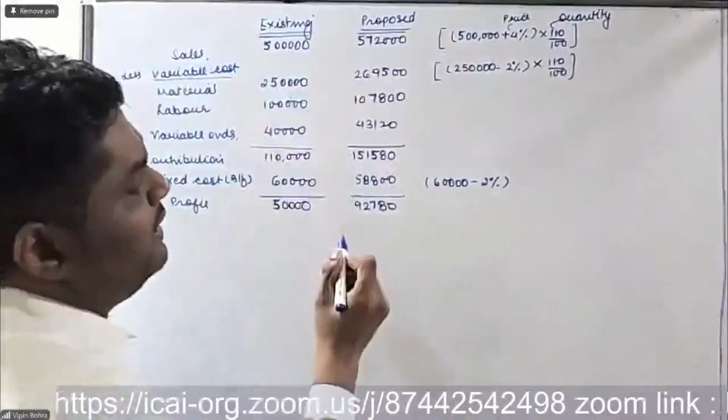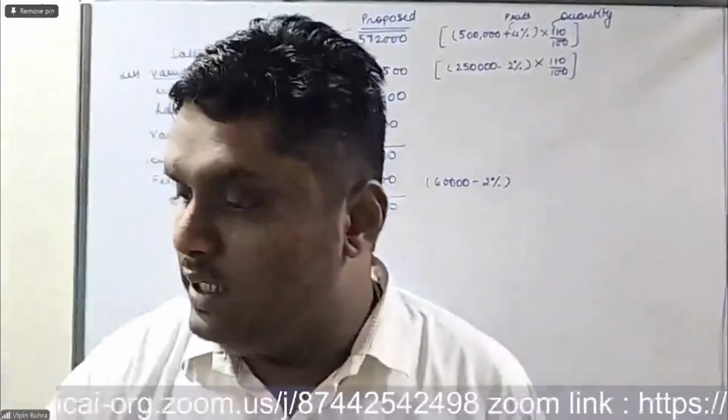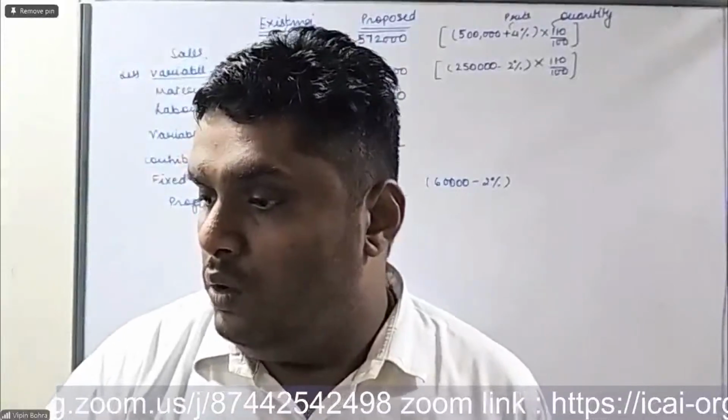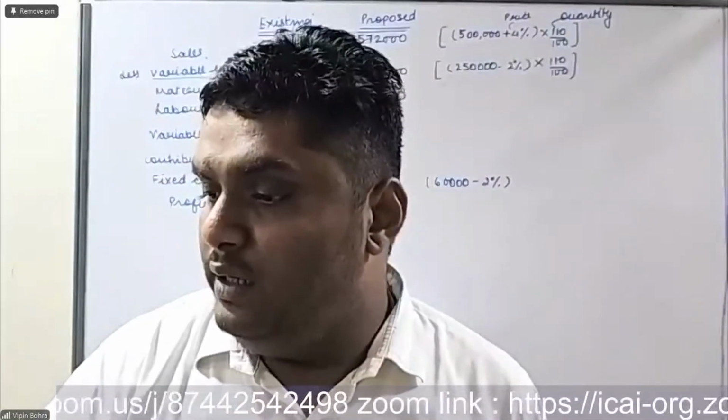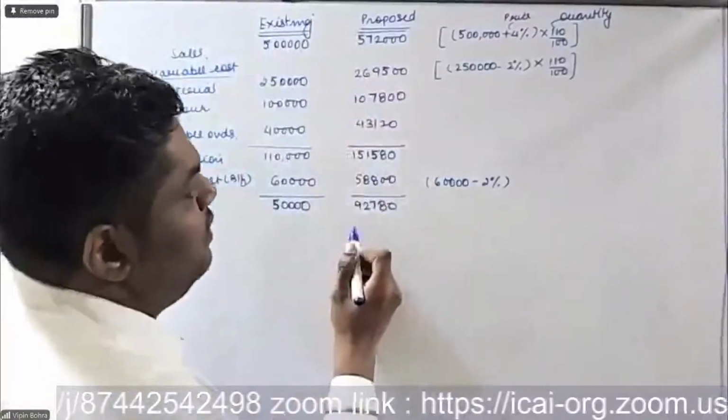So let's calculate the return. You are required to check whether the proposal is acceptable, so now we have to calculate the return on capital employed. Let's check whether it is 23% or not.